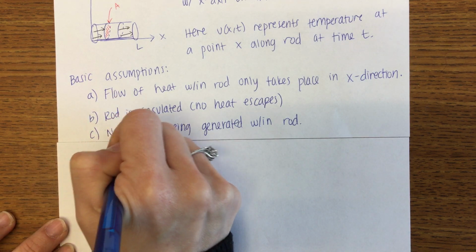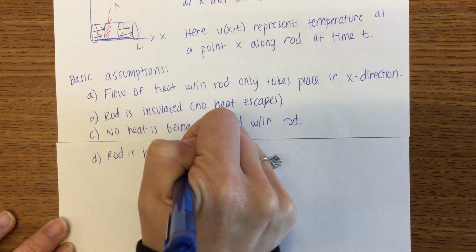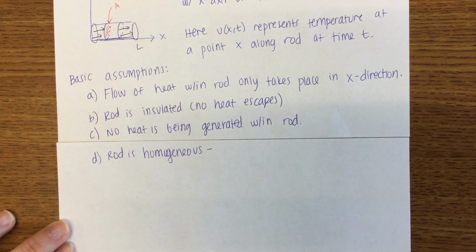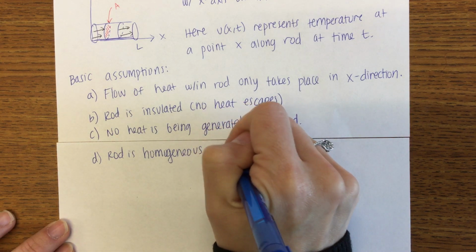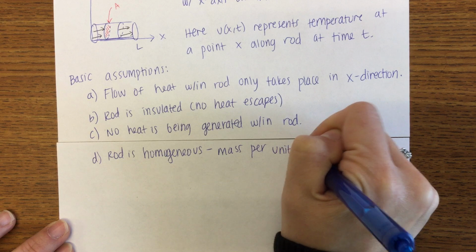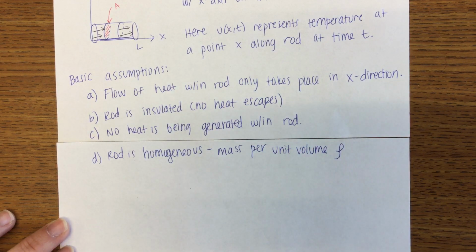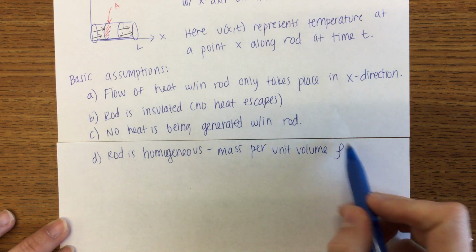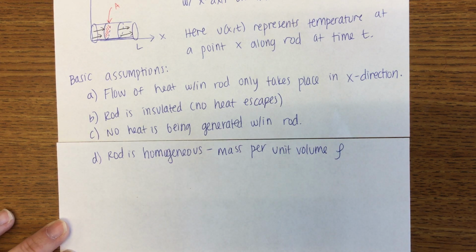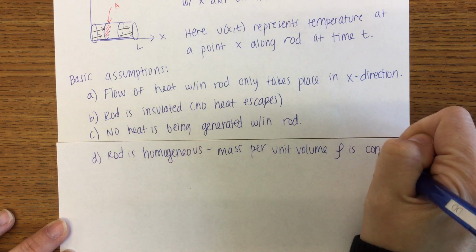Next assumption is that the rod is homogeneous. What that means to us is that the mass per unit volume, which is that symbol, it's like a P with a tail on it. Do you guys know what symbol that is? Rho. So rho is going to be constant.